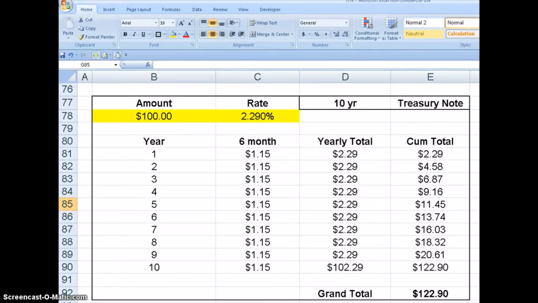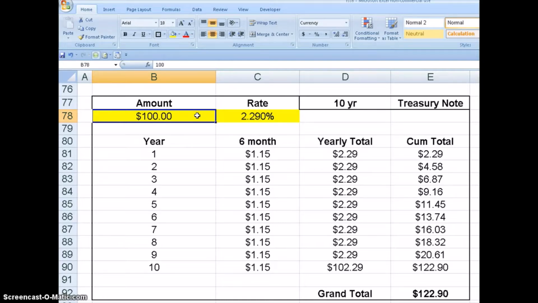So I wanted to show the calculations for a 10-year Treasury note. These are so-called plain vanilla Treasuries. You buy it from, say, treasurydirect.gov. Say you give them $100, and actually it would be more or less than 100. I'm just throwing out some examples here.